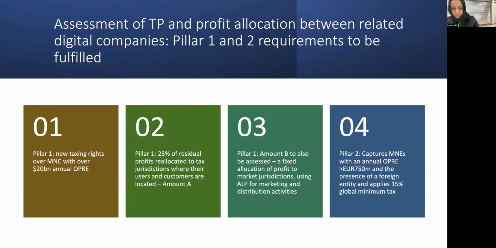So Pillar 2's scope is to extend beyond the traditionally digital businesses to capture multinationals with an annual operating revenue of greater than 750 million euros and those that have a foreign entity presence in their group structure. The aim is to ensure that these in-scope multinationals pay at least a minimum tax of 15%. Again, this is important for the assessment of transfer pricing.